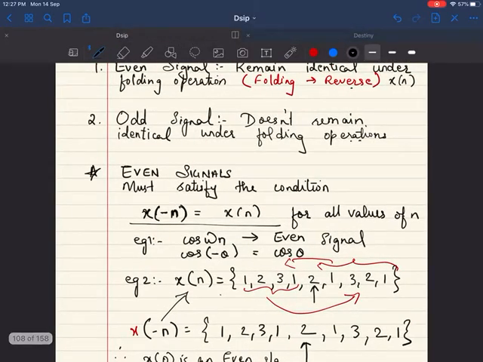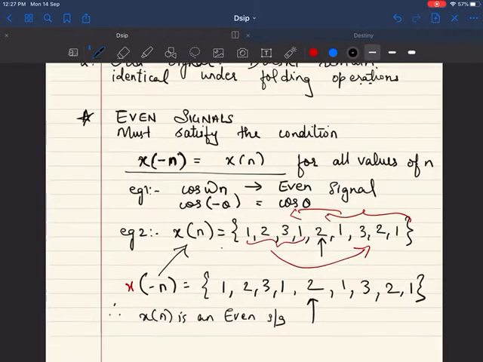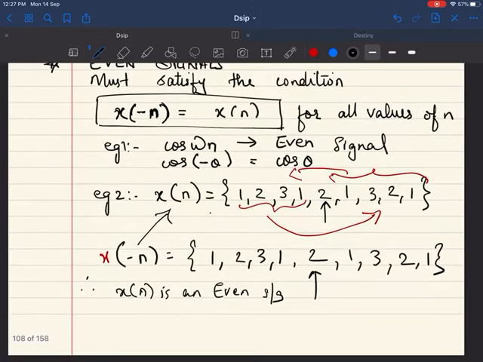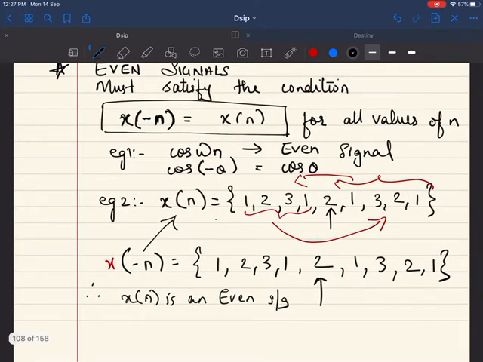Let's see an example of an even signal. An even signal must satisfy the condition, like I mentioned, x of minus n is equal to x of n for all values of n. An example of an even signal is cos omega n, as we know that cos theta is equal to cos minus theta. Another example is x of n equal to 1 2 3 1 2 3 1 2 1 3 2 1.